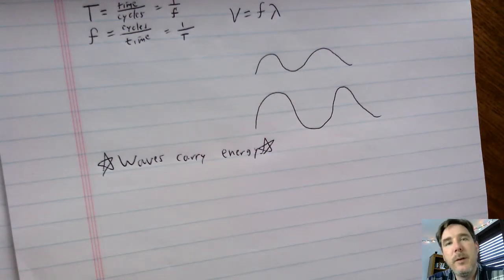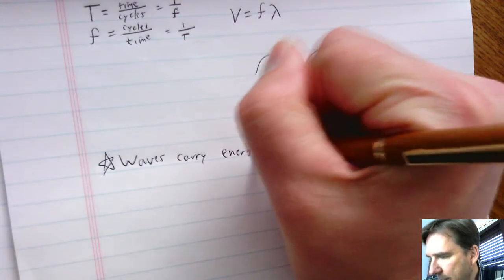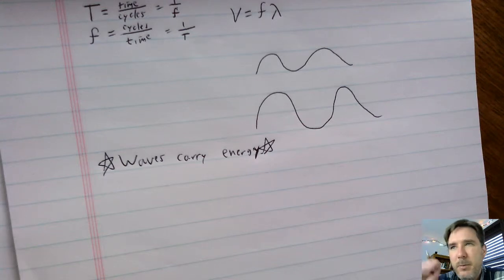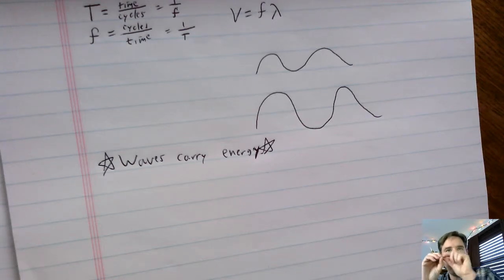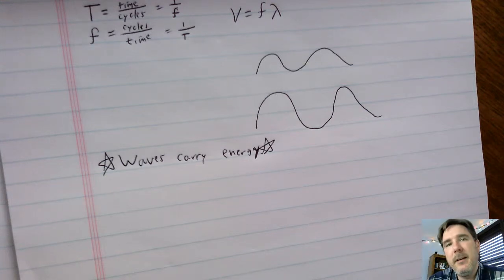That's the whole point of waves. That's the reason that we like waves, is because they can carry energy. It can carry energy in patterns that we can use to carry information. But waves transmit energy. I shouldn't say carry, maybe so much as transmit. If you put energy in at one end, the energy is going to travel through the medium and come out the other end, and that's what we like about waves.